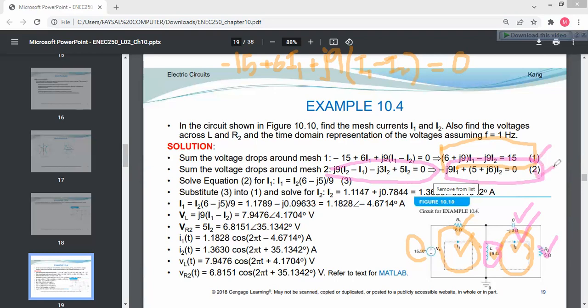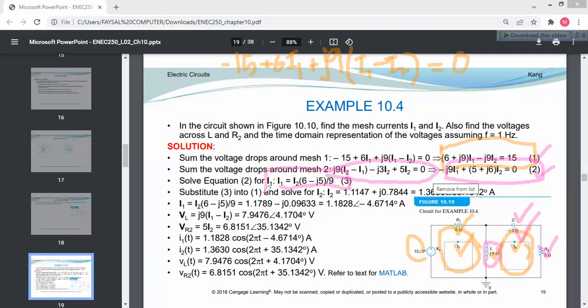Now I have to solve these equations simultaneously to find the values. For the system, I have to compare for I1. So I1 will be equal to I2 into 6 minus J5 divided by 9. So this is the value of I1 with respect to I2.